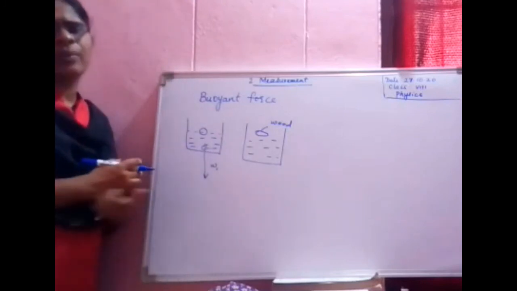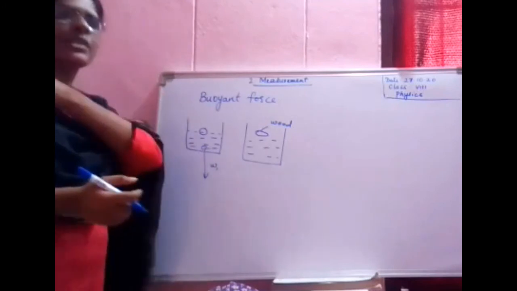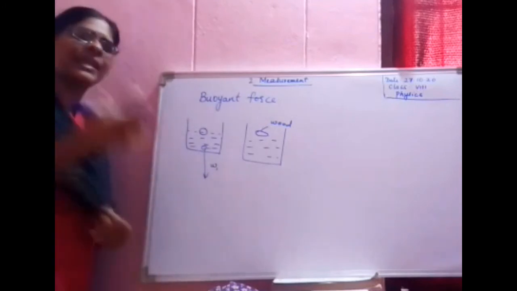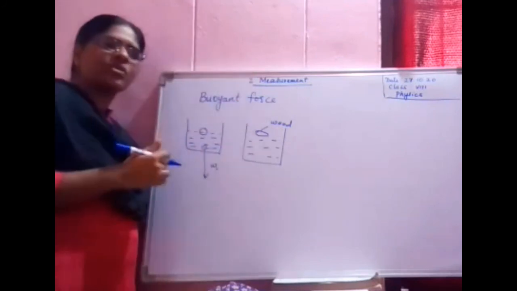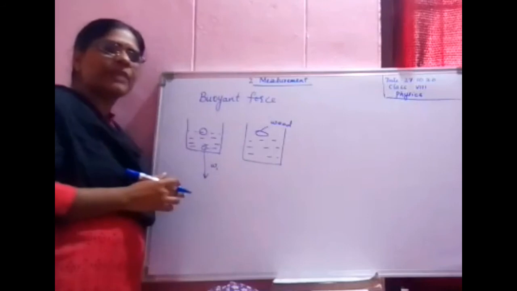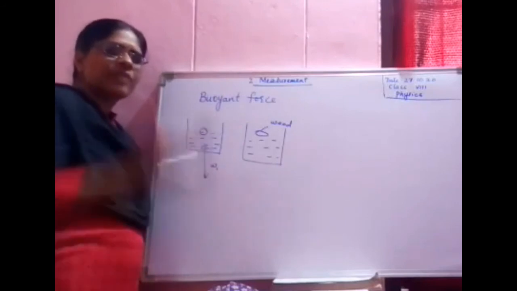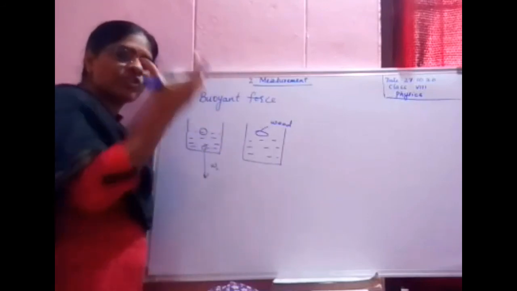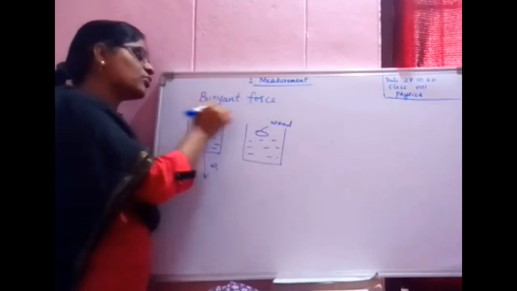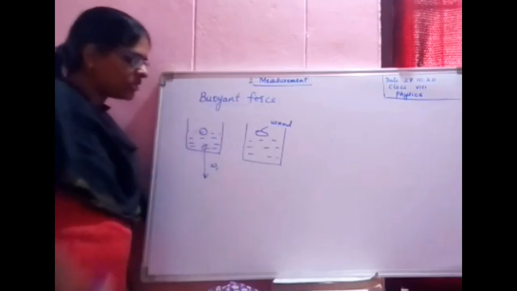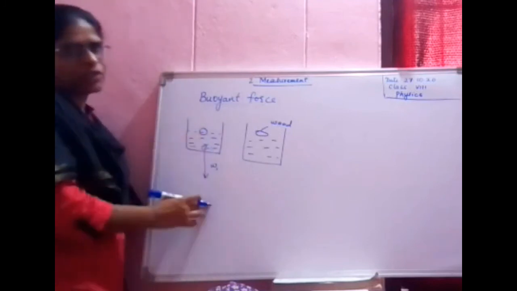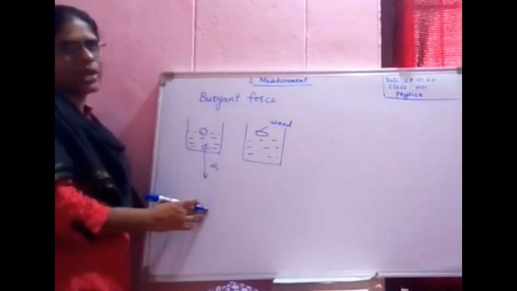Now, whenever an object is immersed in a liquid, we have studied, like when we dropped an empty bottle in a bucket of water, we experienced an upward force there. That upward force we call buoyant force. Now here also the weight of the object is acting downwards.